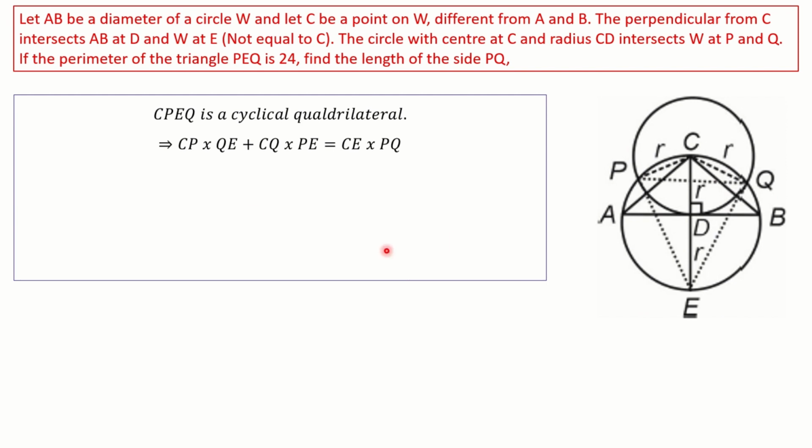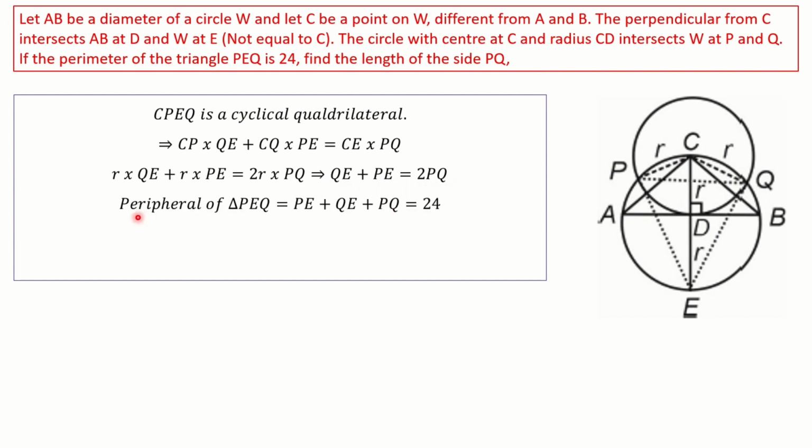This is very simple. Now you just substitute the values of R. R into QE plus R into PE equals 2R into PQ. So with this you can derive QE plus PE equal to 2PQ.